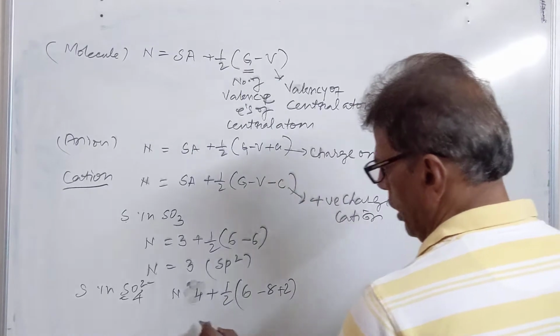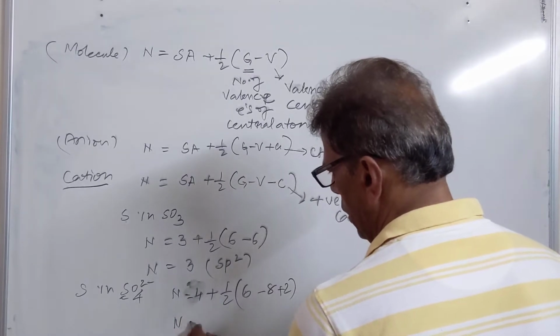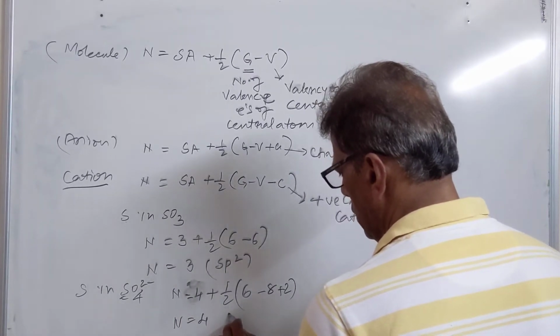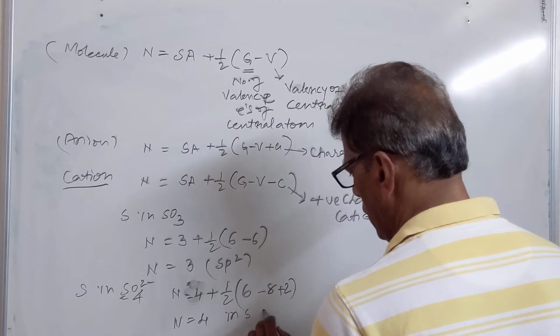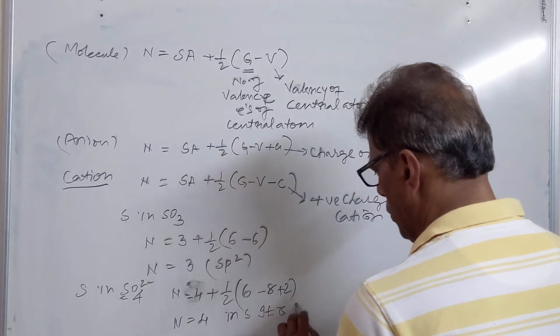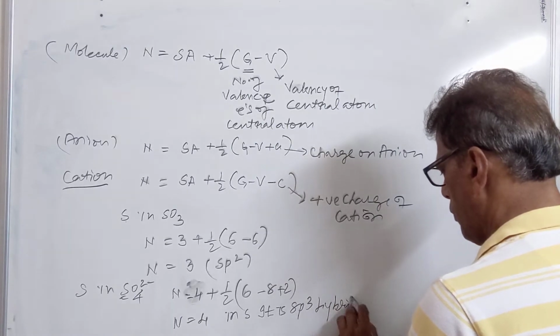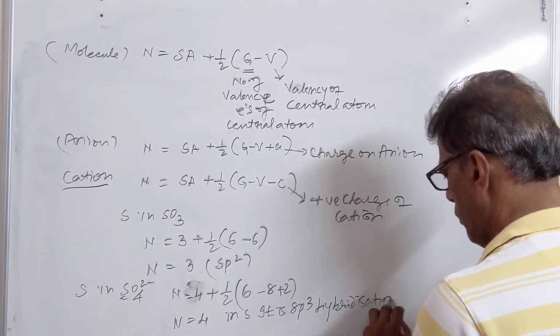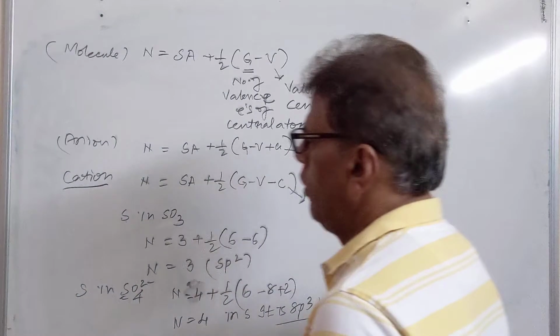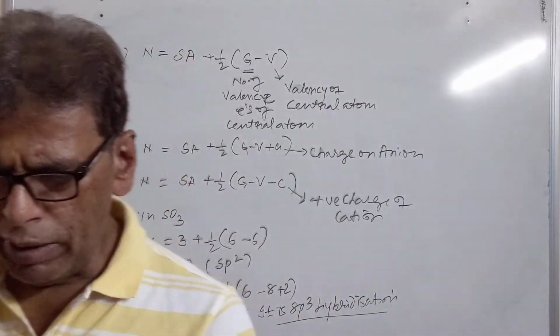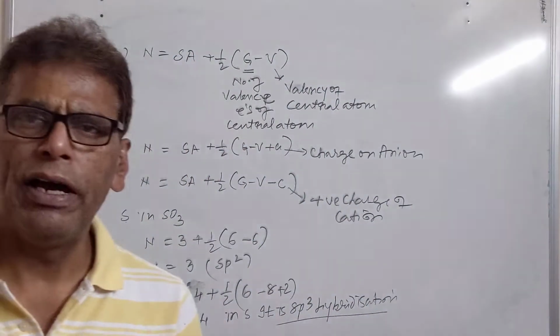So again the value of n is 4. The hybridization in sulfur is sp3 hybridization. So this is the hybridization of sulfur in the sulfate ion.